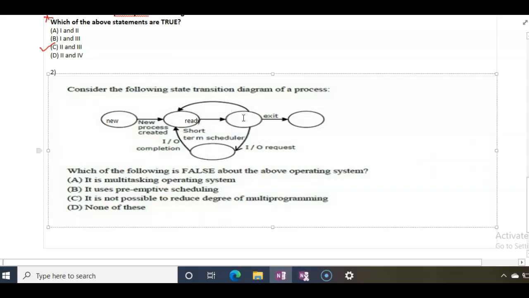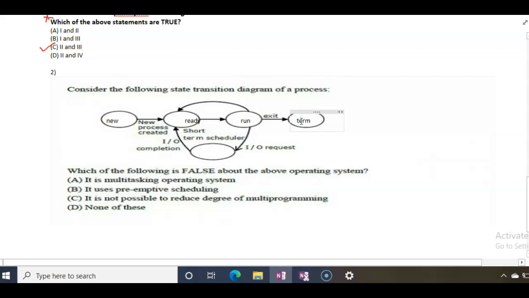This is basically a running state. This is the last state that we can call termination state, and this is basically the blocking or waiting state. Okay, so what it is saying is, identify the false statement.